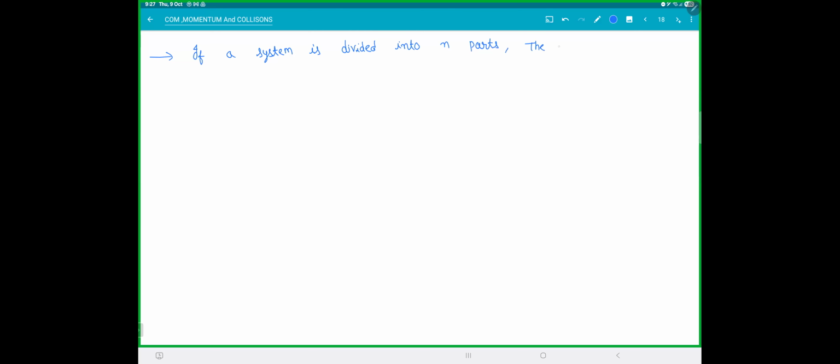The center of mass of the center of mass of these n parts is the center of mass of the system. And it looks like some broken tape recorder statement. The center of mass of the center of mass of the n parts is the center of mass of the system. Meaning, for example, let's say there are a lot of particles.